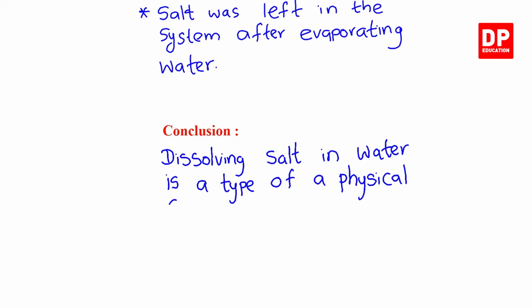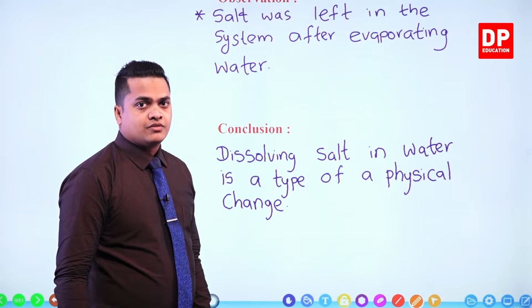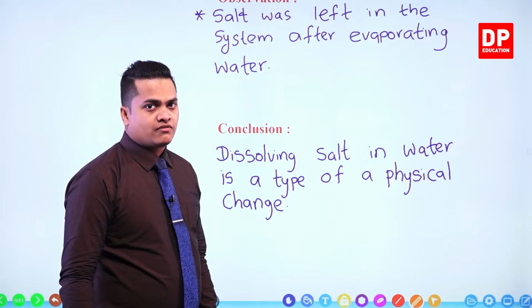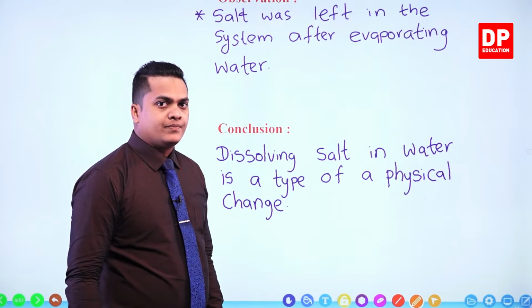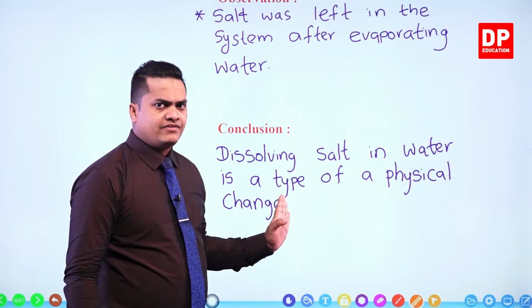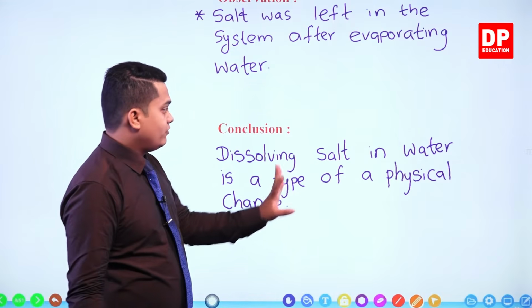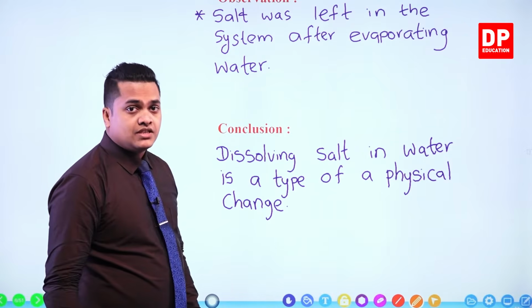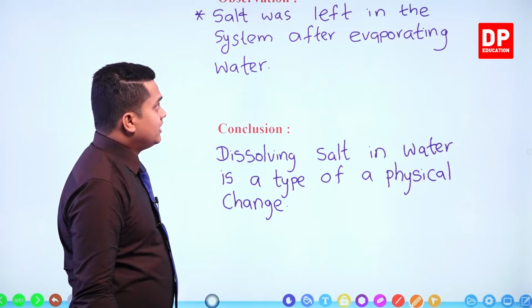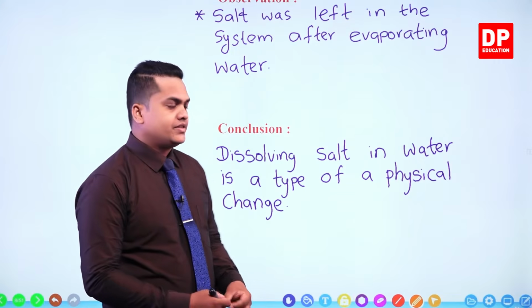We can finally conclude that it is a physical change because there is no change in the nature of salt. That's why the original salt was once again obtained when I evaporated water. So finally we can conclude this activity reflects a physical change. It's a type of physical change, my dear children. So this is the final conclusion that we can take from the experiment, right?